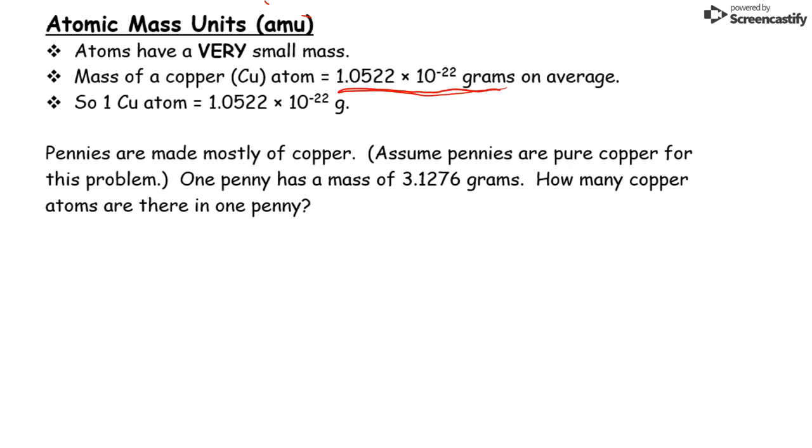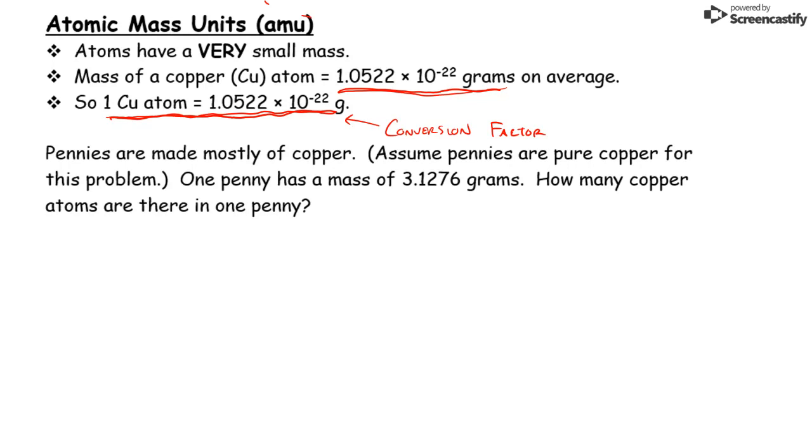And remember, that's just an average because it includes all of the different isotopes of copper, not just one isotope. And so what that means is one copper atom is equal to 1.0522 times 10 to the negative 22nd grams. Now, for those of you paying attention, you probably caught on. This looks a whole lot like a conversion factor, which means factor labeling is soon to follow.